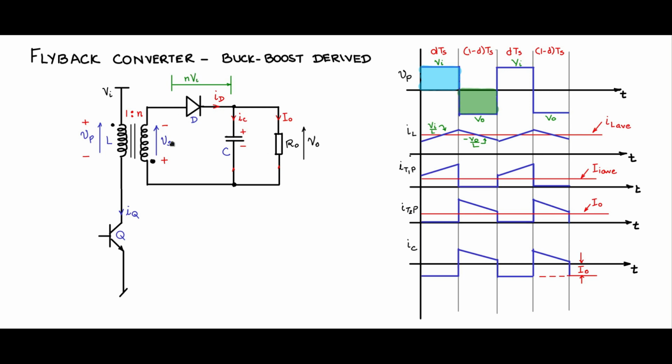N times Vi plus V0 comes across that, and this will reverse bias and switch it off. Therefore, during the time when Q is on, during DTS time, only the primary current is flowing, the secondary is off. Of course, the capacitance is discharging to the load.